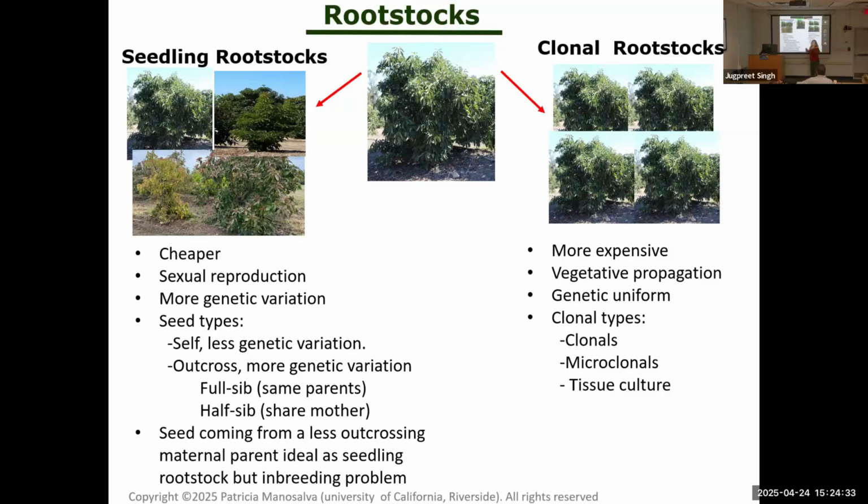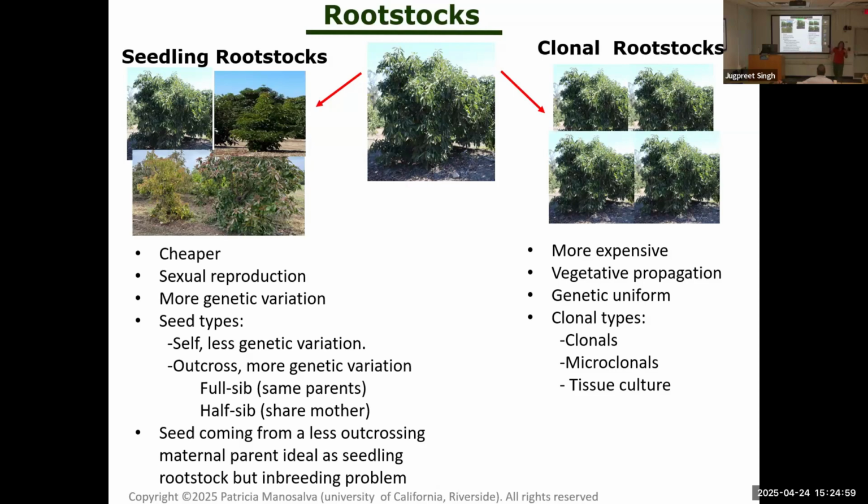Just to think, looking at that, the program knows that we need both. We need material that can be used as a seedling, and material that will be used as a clonal. So what we're looking for in the program is trying to find a rootstock that has good characteristics, good resistance to abiotic stress, to pathogens, and to water stress, for example, but with a higher level of selfing.